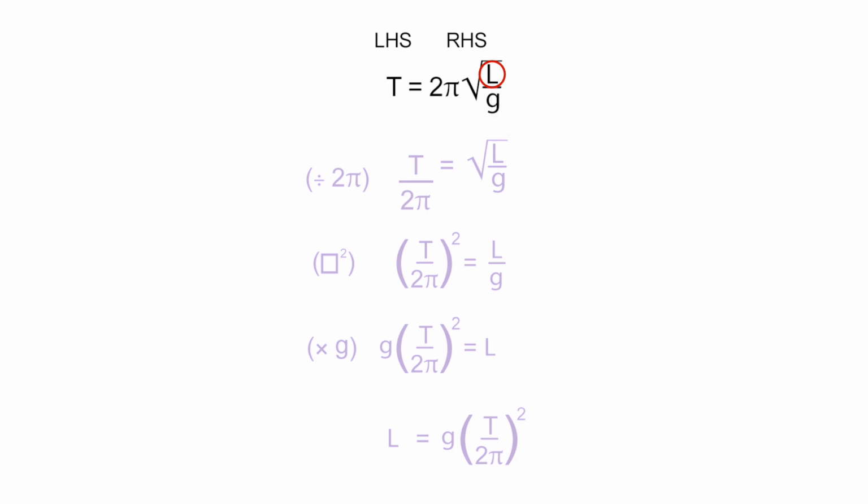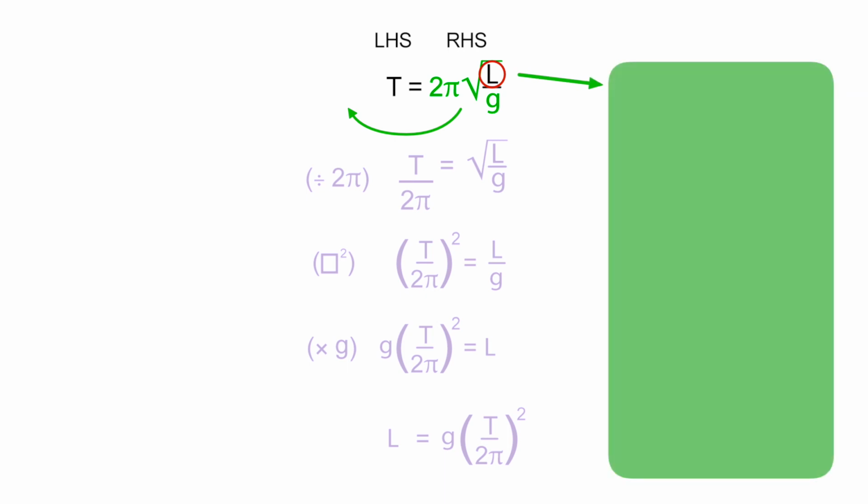We now need to work out the order in getting the 2, the π and the g from the right hand side of the equation over to the left hand side. To help us understand the order in which to do this, I'm going to start by building from scratch the expression on the right hand side of the formula, starting with L, the variable that is eventually going to be the subject of the formula.